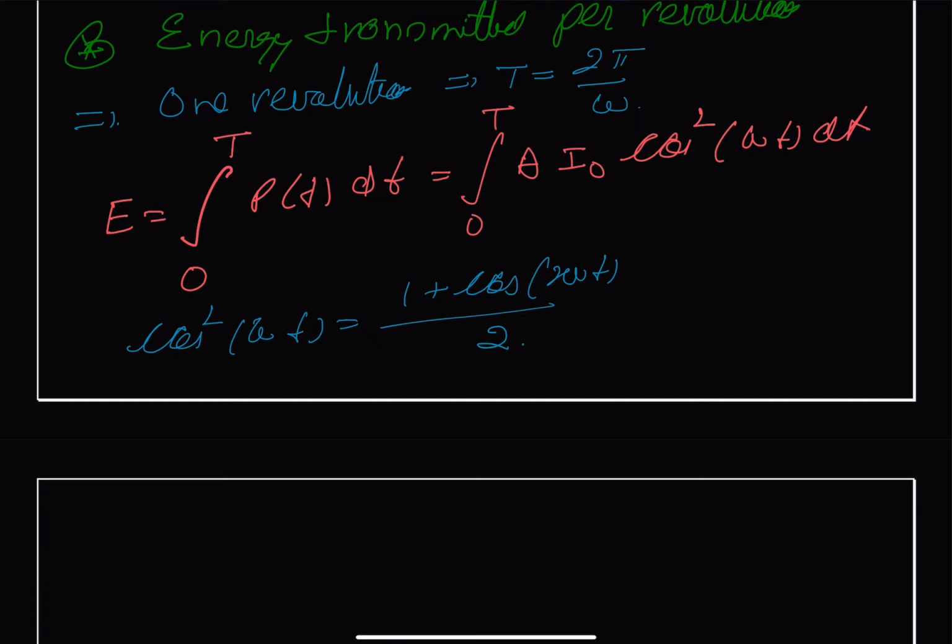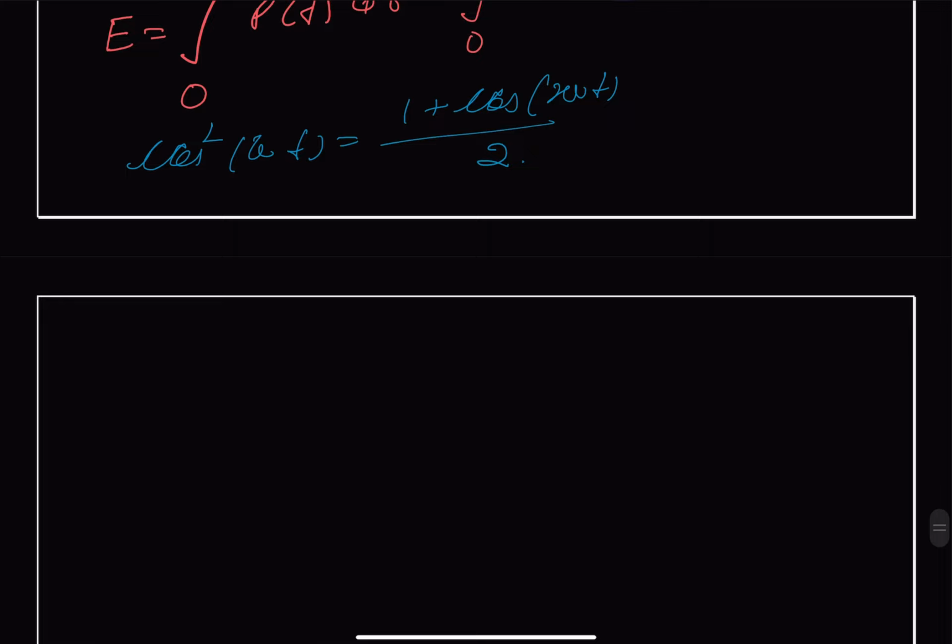We substitute the value, we get our E will be equal to a I naught divided by 2, integral 0 to T, and this comes as 1 plus cos of 2 omega t, and this is our dt.